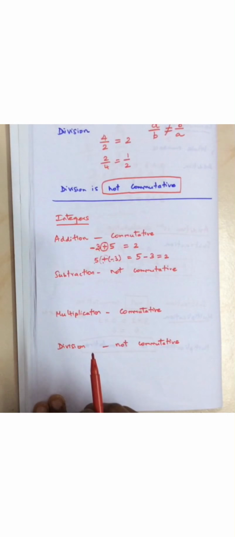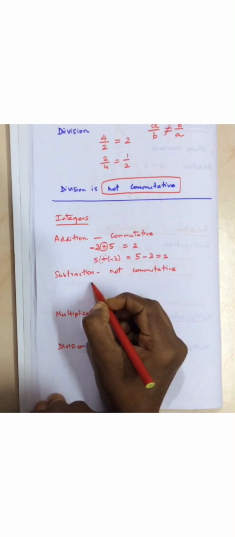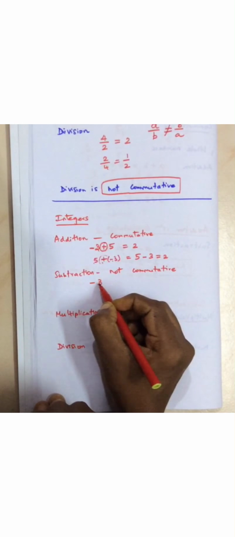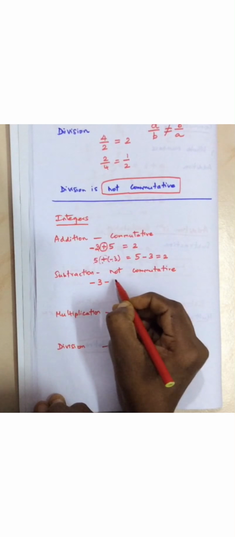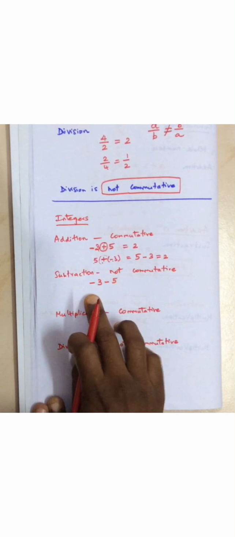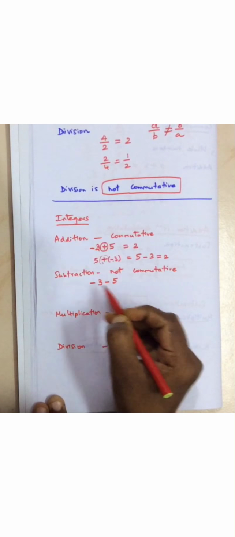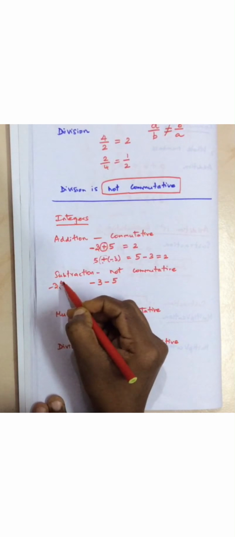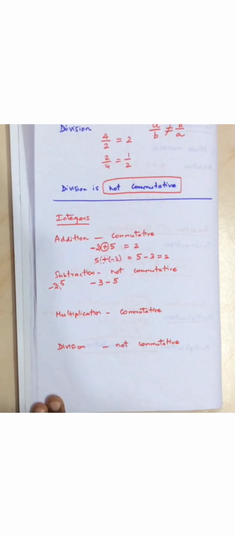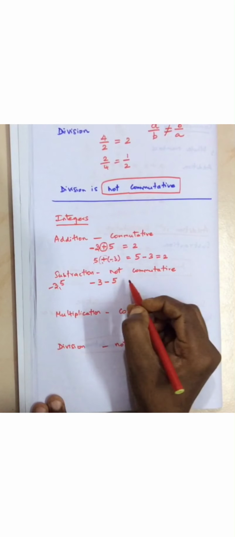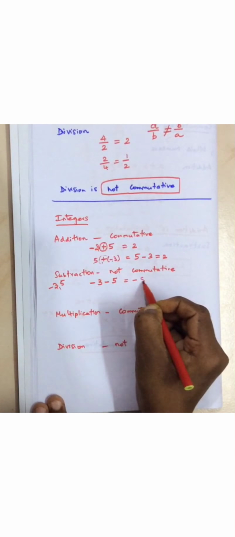The next thing we are going to see is subtraction. With the same example, minus 3 is a negative integer and 5. I am taking two integers, minus 3 and 5, and subtracting: minus 3 minus 5 gives minus 8.